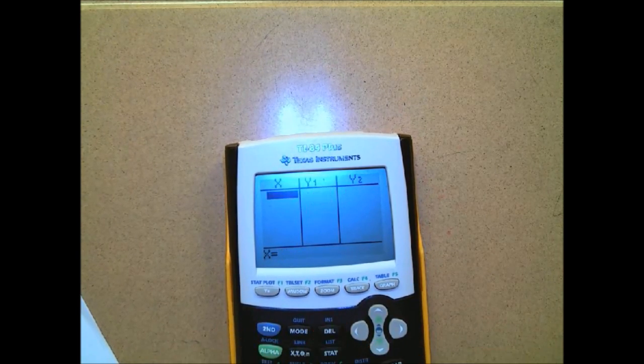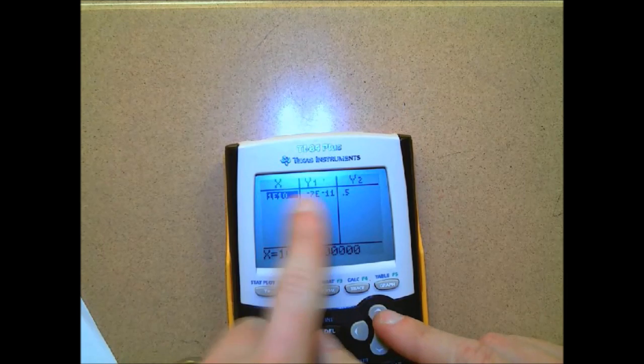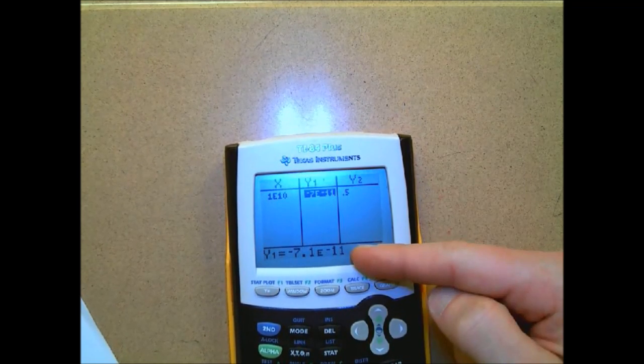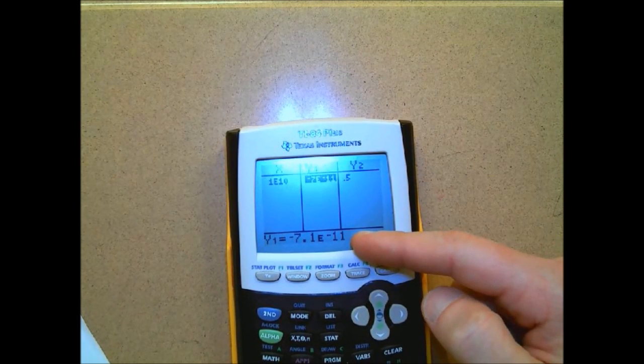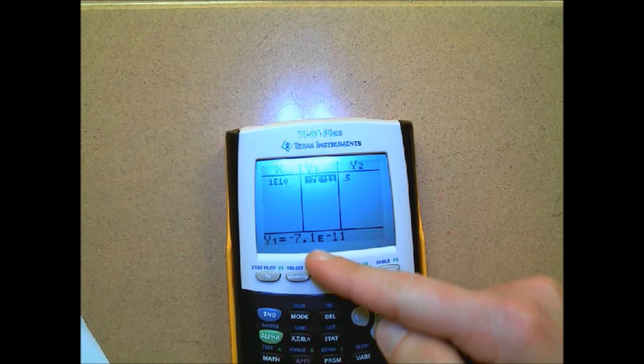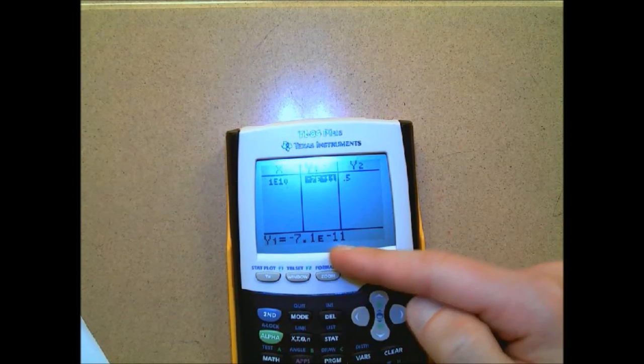So I'll type in a really big x value, and you can see that for our y1 curve, which is the left-hand side, it's -7.1 e -11. So what are we getting really close to here? Remember, some of you saw that in your population project.